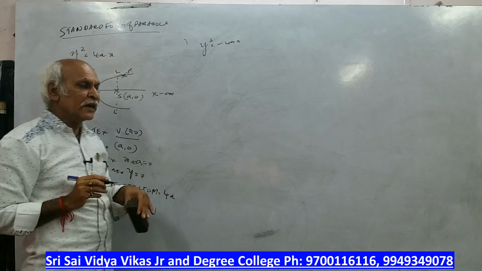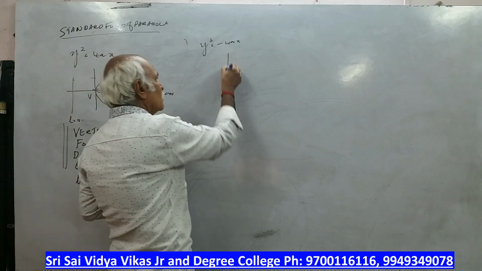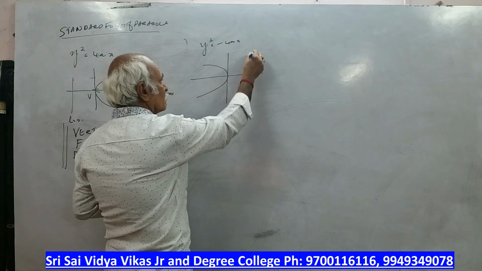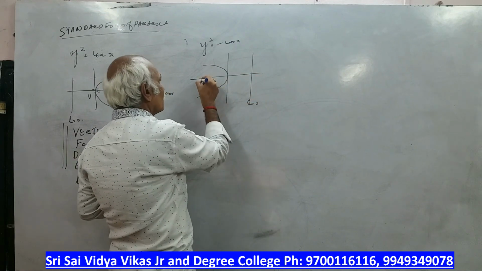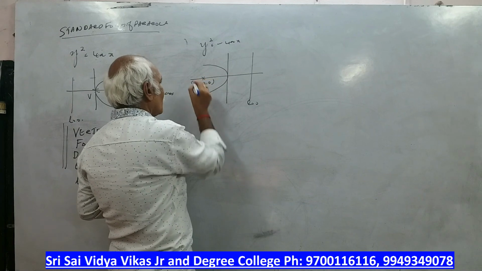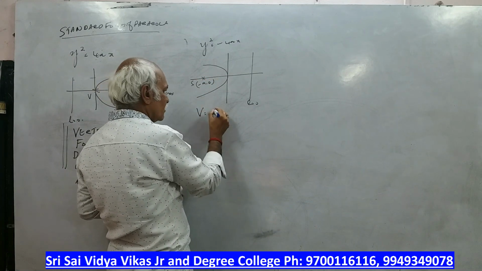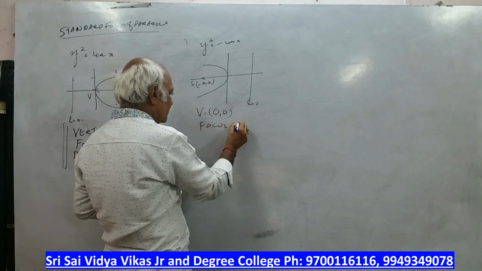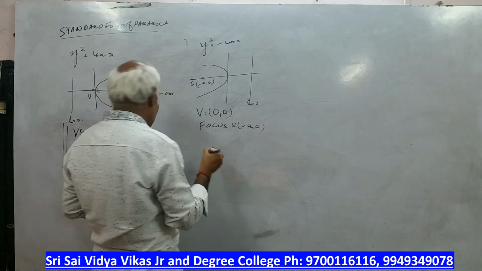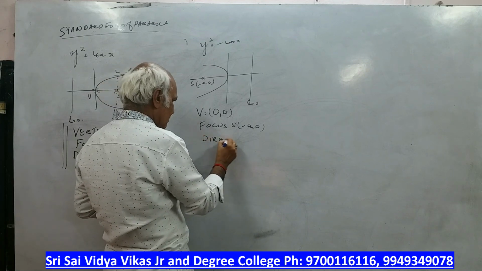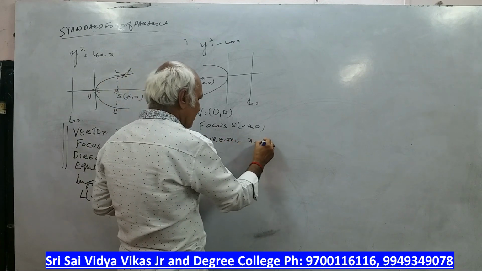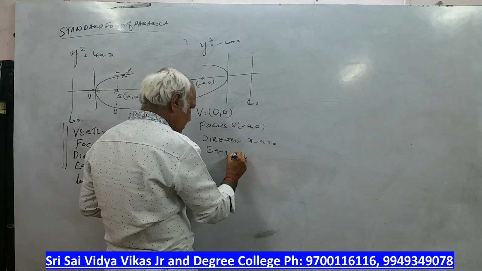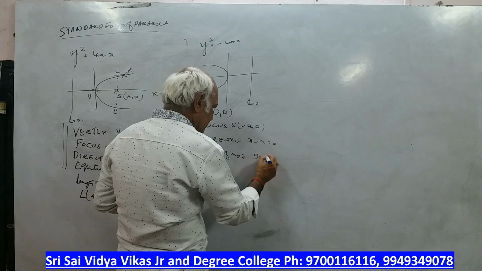y square is equal to minus 4ax. Then what will happen? Again, vertex is (0, 0), focus S is (minus a, 0), directrix x minus a is equal to 0, equation of axis y is equal to 0.